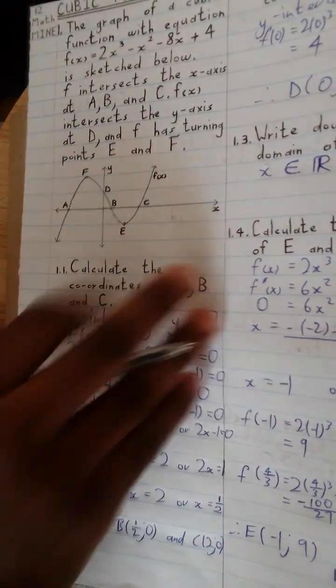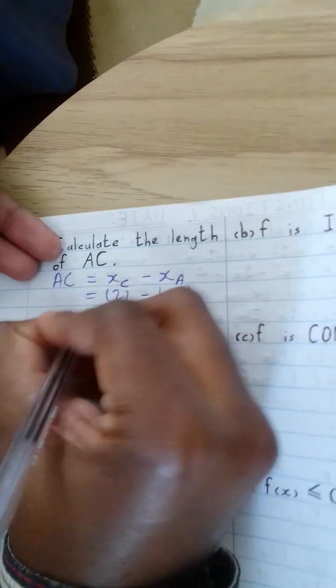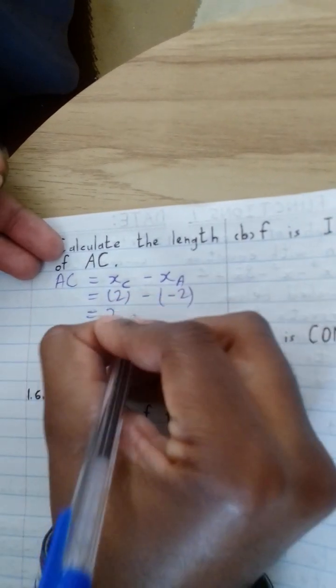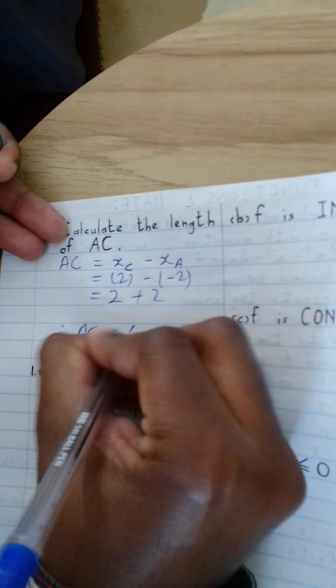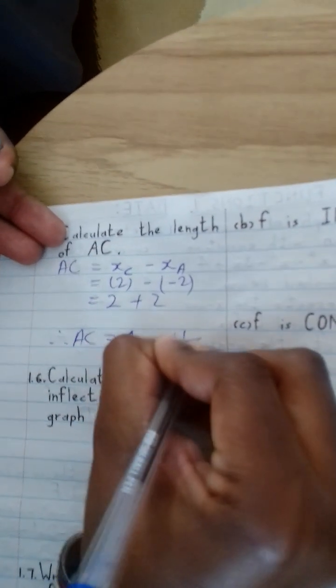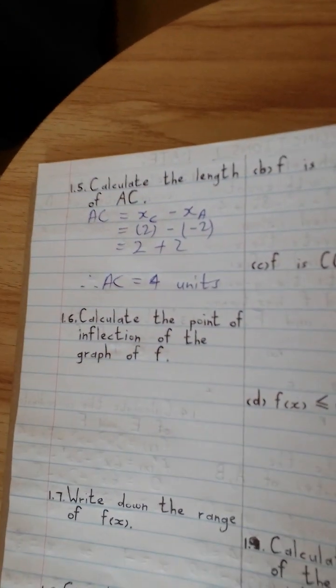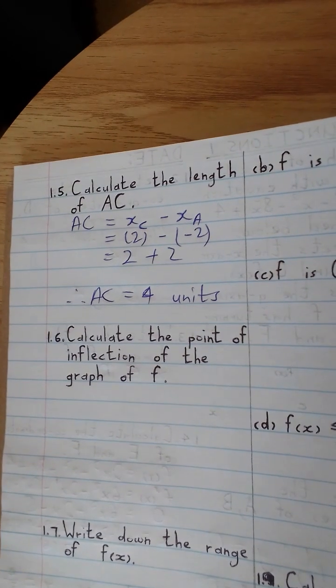X of A is negative 2. Negative times negative is positive. So AC is 4. You can use the distance formula if you don't trust us.